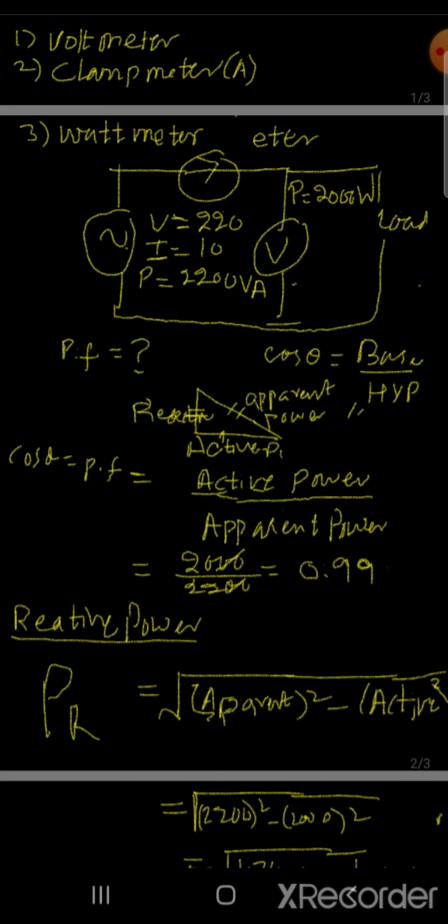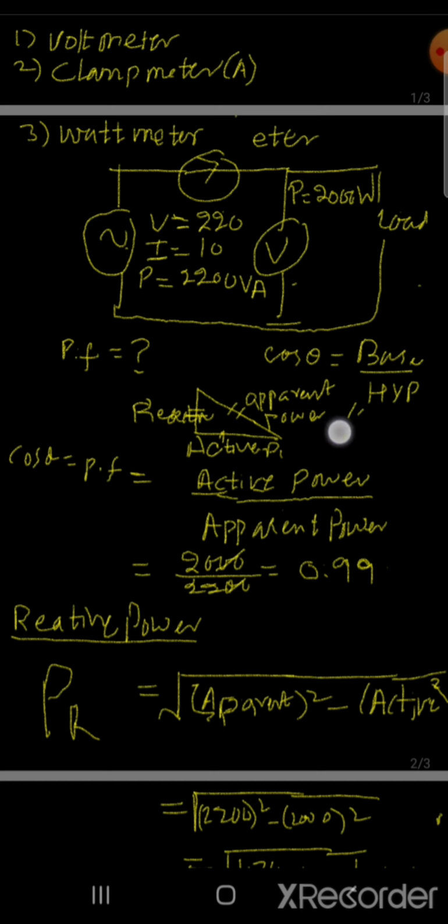As we know, the formula for power factor is cos theta. Cos theta is the base divided by the hypotenuse for the right angle triangle. For the power triangle, we have the active power along the x-axis, which is horizontal, and the reactive power along the y-axis, which is vertical, and on the hypotenuse we have the apparent power. So cos theta, the power factor, is active power divided by apparent power.